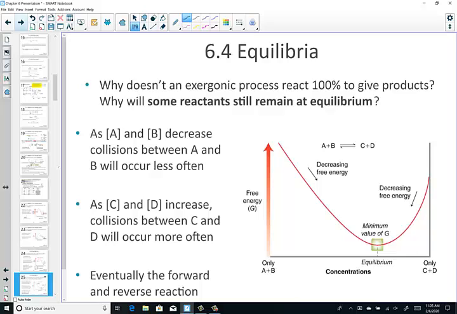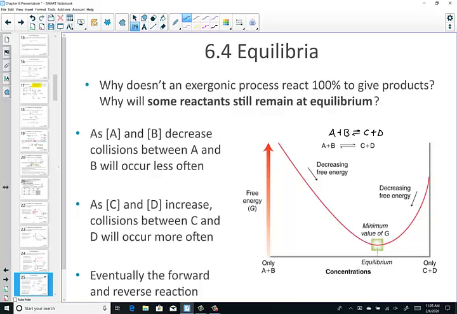So we have an exergonic process, but yet it does not yield. Typically, you won't get 100% of the reactants to convert to the products at any one time, because a system lies with equilibrium. What that means is if we consider A plus B in dynamic equilibrium with C plus D, we have a forward and a reverse reaction occurring.